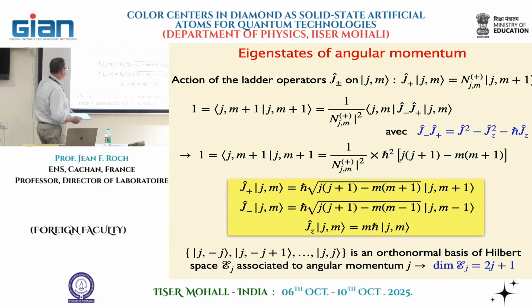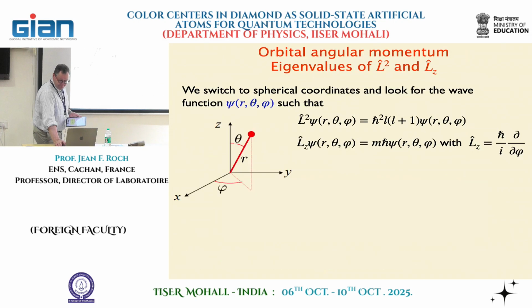And then I have this simple formula that tells me that these states |J,m> define an orthonormal basis of the Hilbert space associated to the angular momentum J. And the dimension will be 2J plus 1.